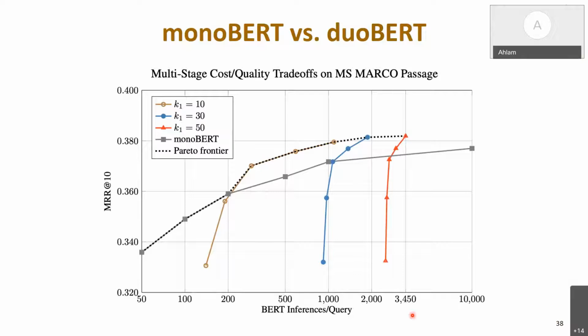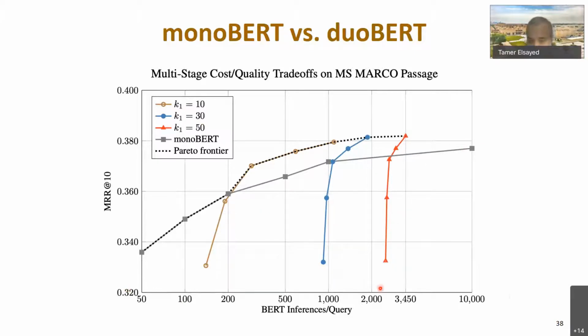Overall we had 100 from monoBERT, then 90 from duoBERT, for the entire query. So the total will be 190, and that will be like the time for that query. I just wanted you to understand this concept, that here we will be counting the number of times BERT was called for both monoBERT and duoBERT. Now forget about the colored curves and focus only on the gray one.